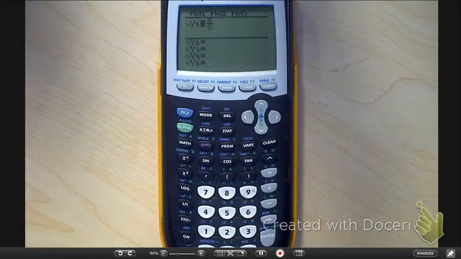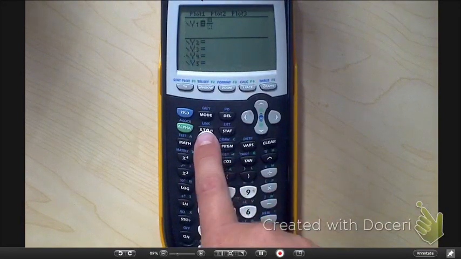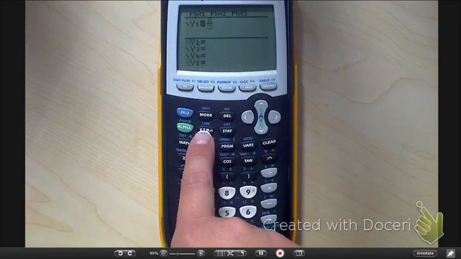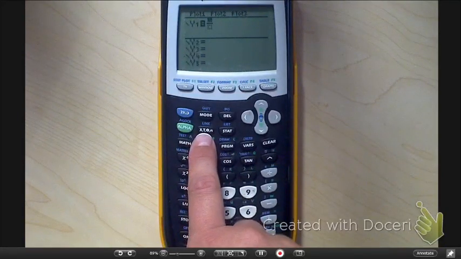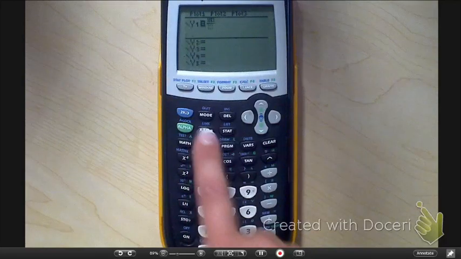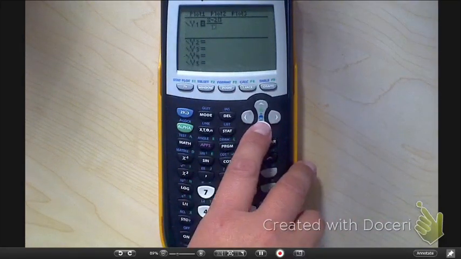Yes. Now when you put it in, it will be a fraction, so that you do not have to do it on your own. So, in the top, push x minus 2. Do you guys see where the x button is? Yeah. My finger's pointing to it up here on the screen if you don't see x. It says x t theta n. Minus 2. To get to the bottom, you just push the down arrow.